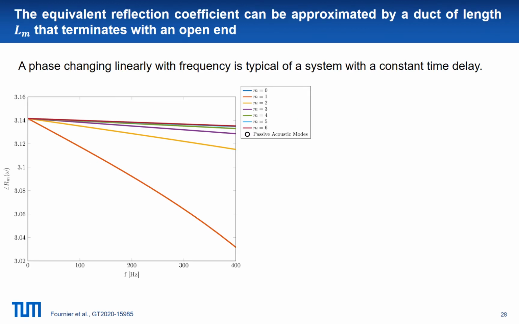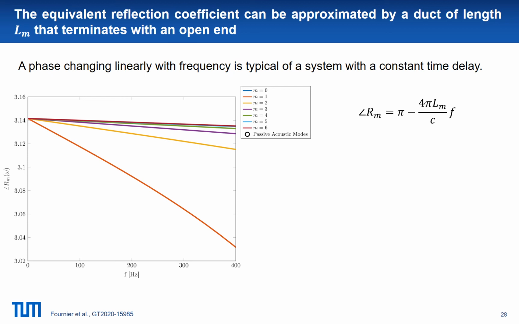A phase changing linearly with the frequency is typical of a system with a constant time delay, such as a duct. Indeed, if we write the equation of the phase, we have pi minus a constant coefficient times frequency. This constant coefficient will be different for every mode order since we have different slopes.